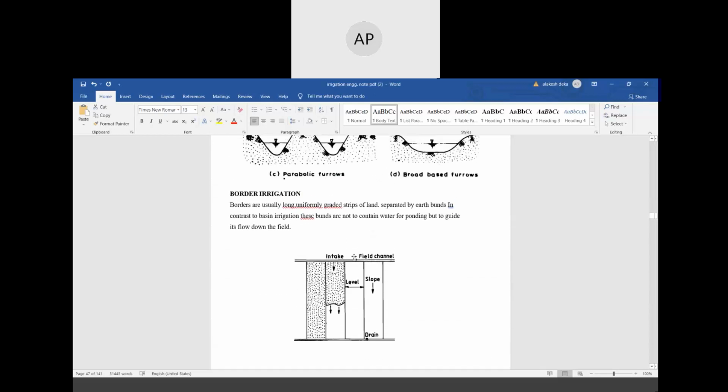In border irrigation, borders are long, uniformly graded strips of land separated by bunds. In contrast to the basin method, these bunds are not to contain water for ponding, but to guide the flow down the land.